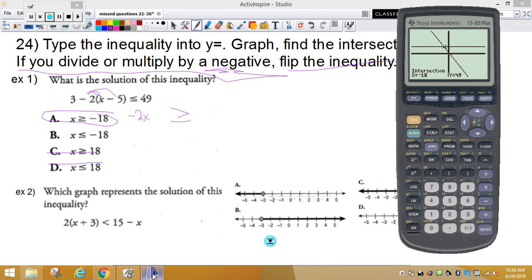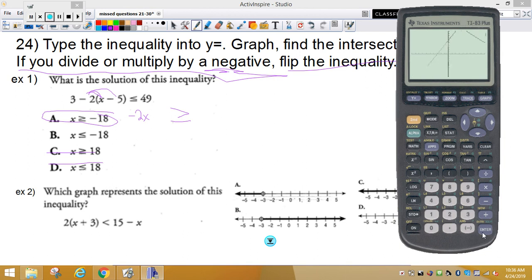Alright, let's do this one. 2 parentheses x plus 3. Enter, and then on the other side I got 15 minus x. I'm going to zoom back to normal. Okay, I see the 2 lines, but I can't see where they cross, so I'm going to zoom out.